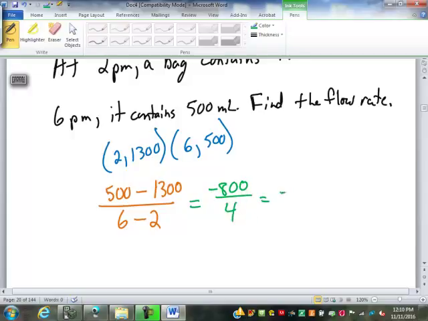We divide that out, that is a negative 200. That is milliliters per hour. So the bag's being depleted at 200 milliliters per hour, or it's a 200 milliliter per hour flow rate.